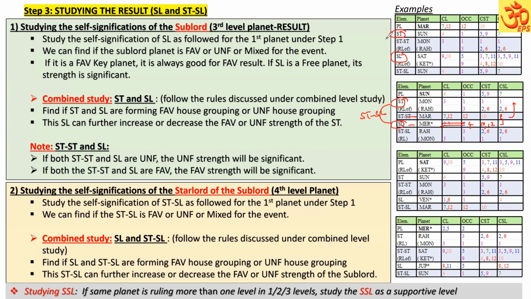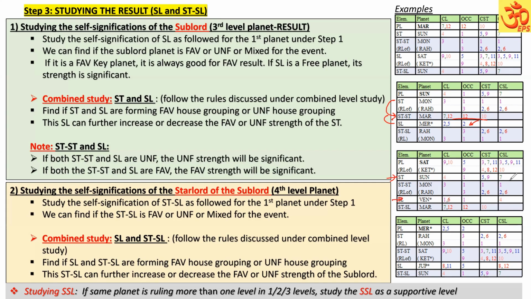In this case, for example, you can see the Star Lord is reduced by the Sub Lord, but the Sub Lord is favorable. So the Star Lord and Sub Lord are favorable. Now the Star Lord of the Star Lord is not supported by the Sub Lord. So that way the unfavorable strength is reduced by the Sub Lord. Now you can see in this case, the Star Lord is good and the Star Lord of the Star Lord is also favorable, and the Sub Lord is mixed.